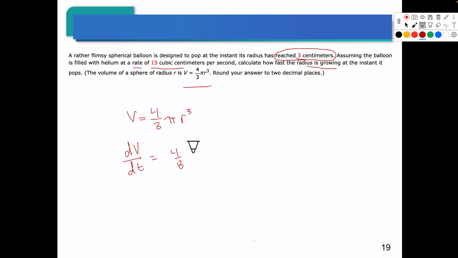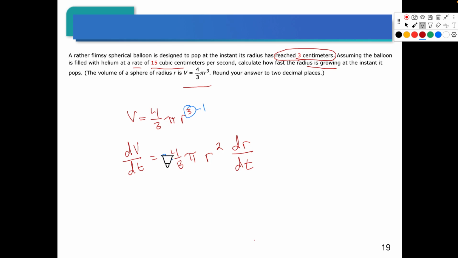When I take this derivative, pi stays pi, the 3 comes down, so in taking the derivative, 3 is going to come in front here, multiply. I'm going to subtract 1 from the exponent, so we're going to get r to the 2nd power, and this was dr/dt.